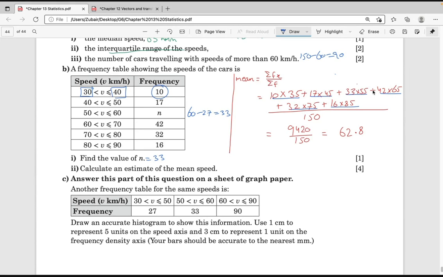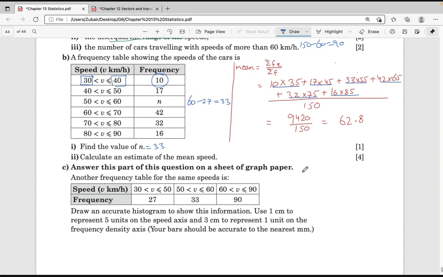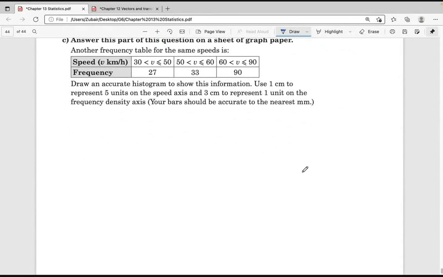Speed is this, frequency is this. Draw an accurate histogram to show this information. Harris, did you plot frequency or frequency density? Sir, I plotted frequency.